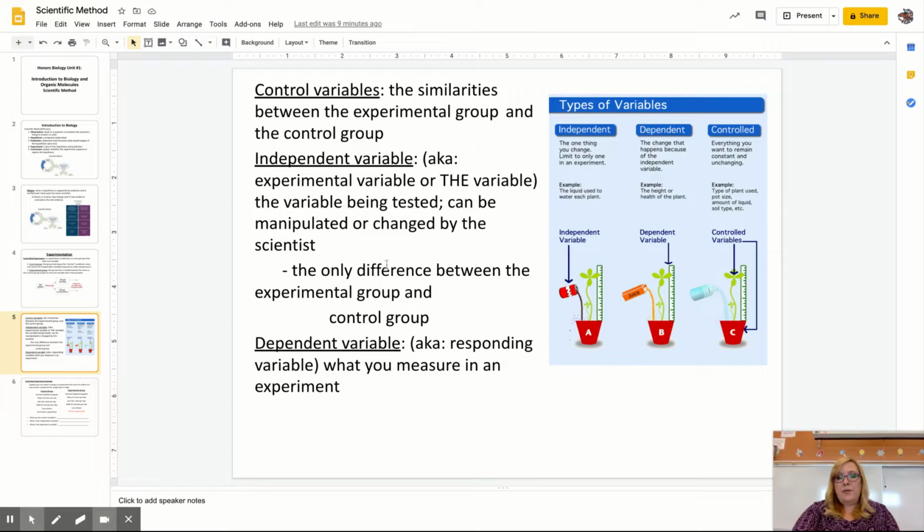Your control variables are all the things that you keep the same in an experiment. Your independent variable is the thing that you are testing, that is being tested, or that you're changing in the experiment. So it's the one thing that's different between the groups. Over here, you can see we were looking at how plants grow, and if you change what you give them besides water.